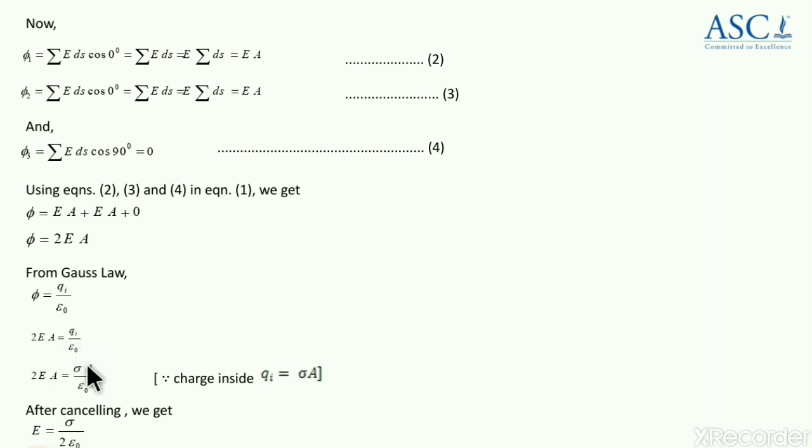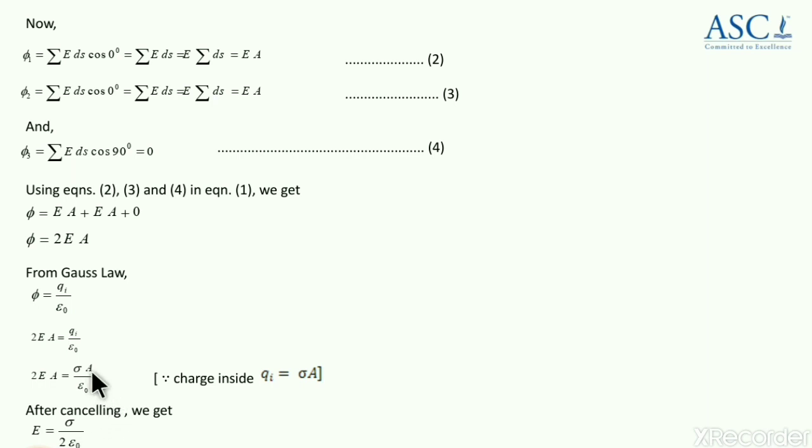Now in place of Qi, if I substitute sigma into A, and cancel the area on both sides, you end up getting the electric field formula to be sigma divided by 2 epsilon naught. This is the final form for the electric field at any point due to a uniformly charged plane sheet.